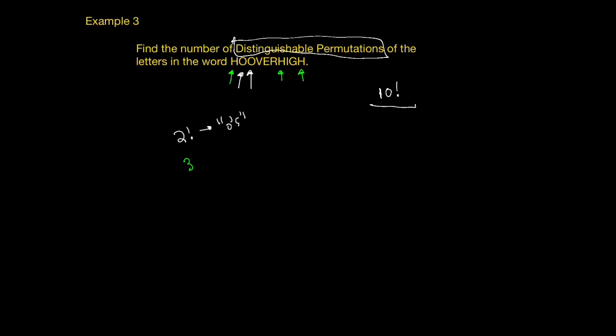So we're going to have to divide by a 3 factorial, and that's coming from the H's. And those are the only letters that are getting repeated. So we're done here. 10 factorial has to be divided by 2 factorial times 3 factorial. Again, the 2 factorial coming from the repetitions of O's, and the 3 factorial coming from the repetitions of H's.